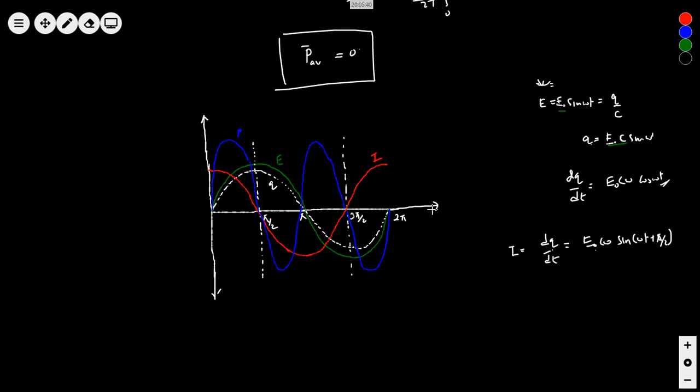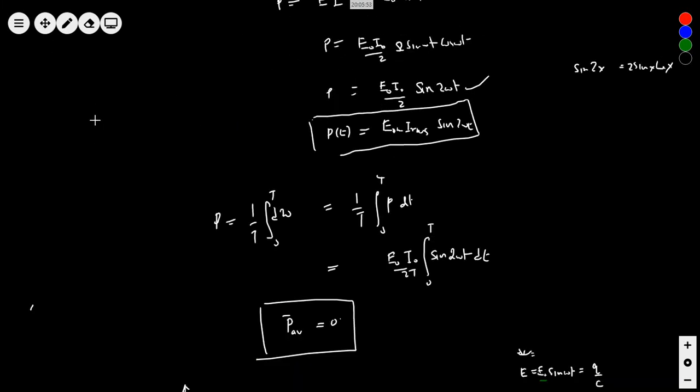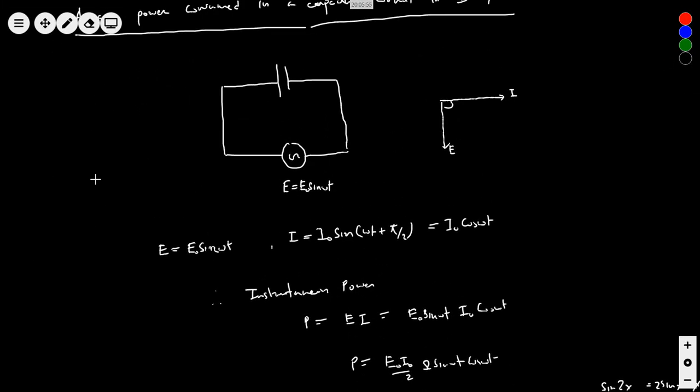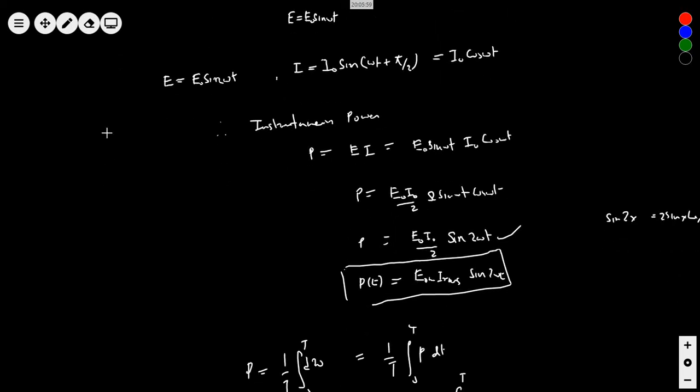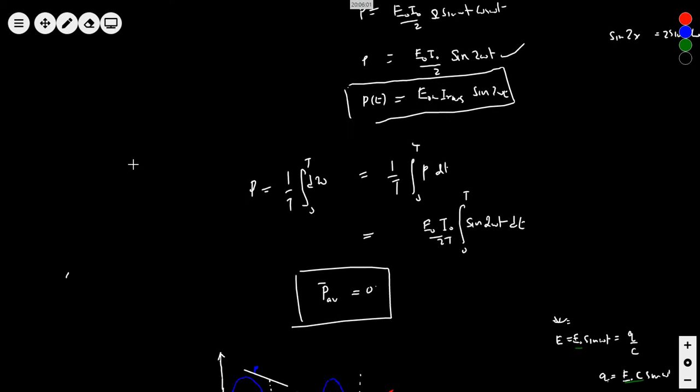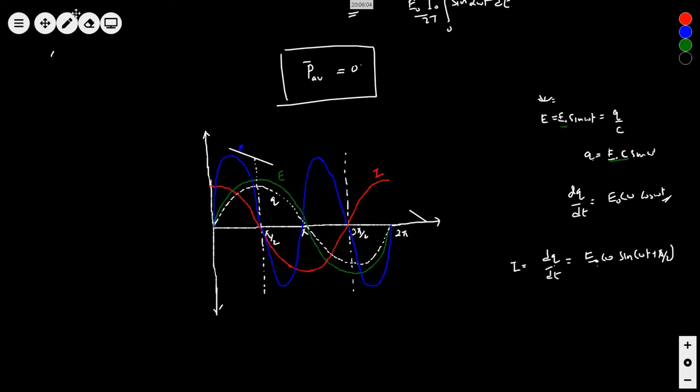Is it the R, C or L? And identify each and every portion of the curve. To identify each and every portion of the curve, you must have this knowledge. So it is very important that you know about the average power consumed and the different things, the relations between all of them, what is happening. Clear? I hope I have been able to explain.